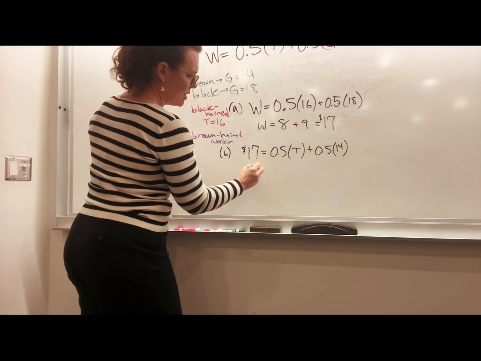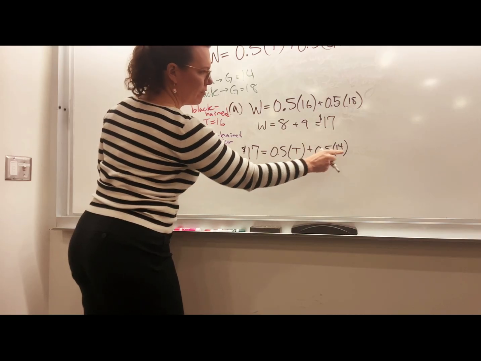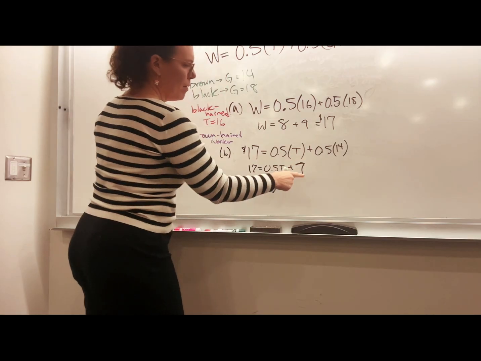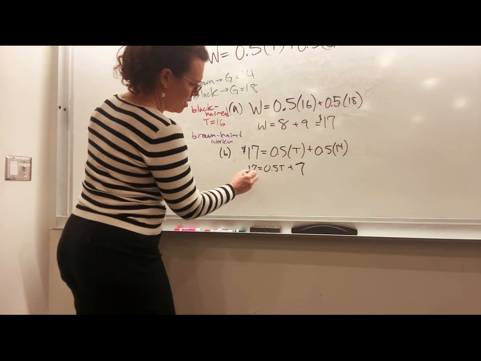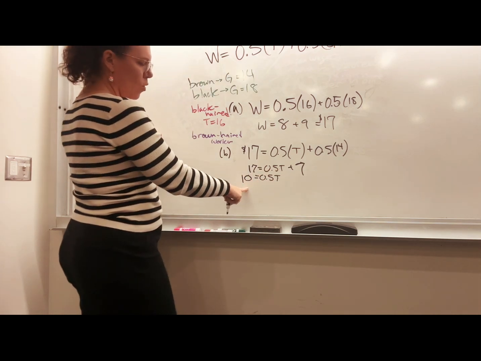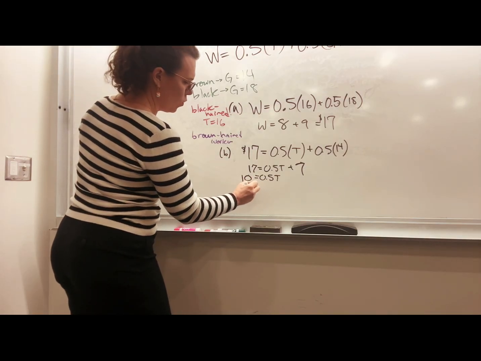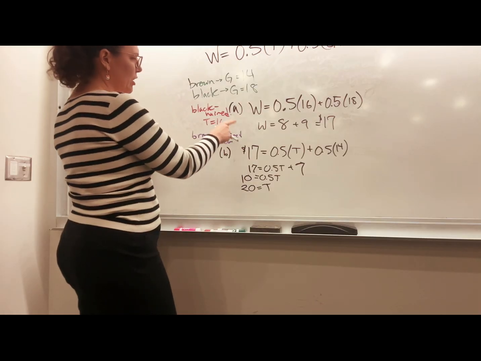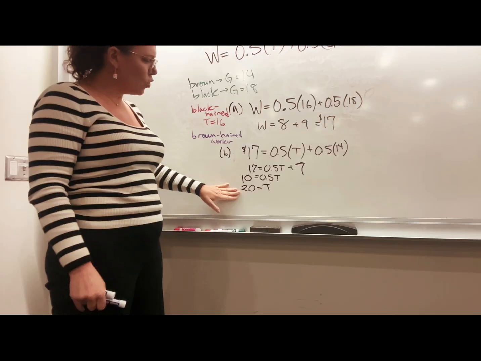So we're going to get 17 equals 0.5t plus 0.5 times 14, which is 7. We subtract 7 from both sides and we get 10 equals 0.5t. Now, if we divide both sides by 0.5, we find that in order for this worker to get a $17 wage like their black-haired competitor, they have to earn a score of 20.